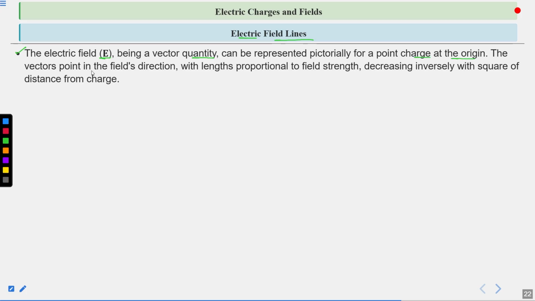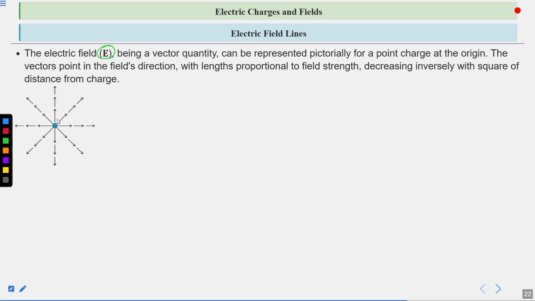The vectors point in the field's direction with lengths proportional to field strength, decreasing inversely with the square of the distance from the charge. It means E is a vector quantity and it is inversely proportional to the square of the distance.